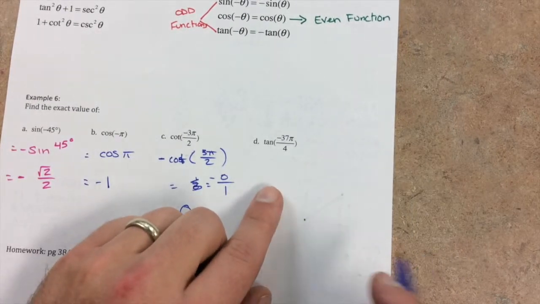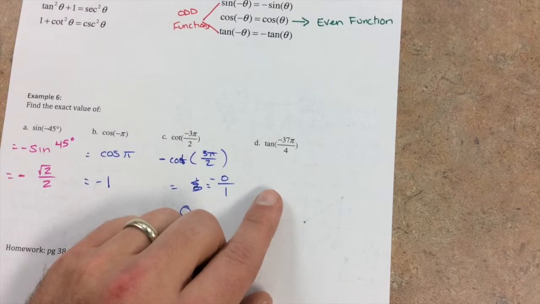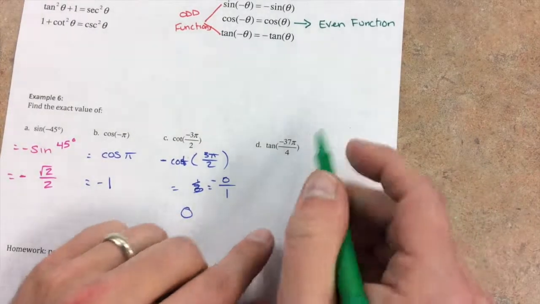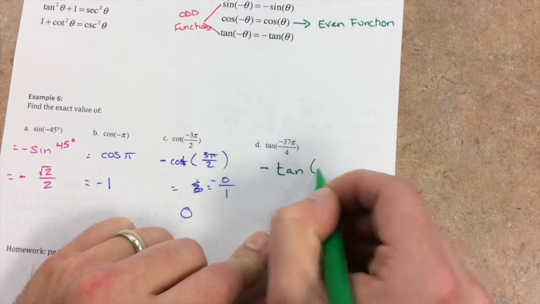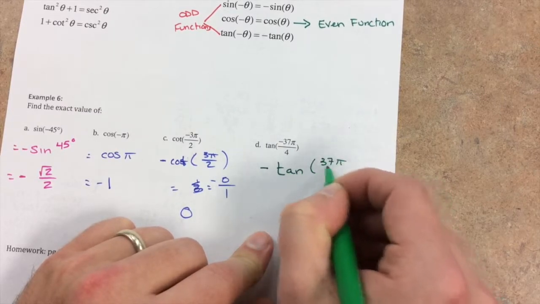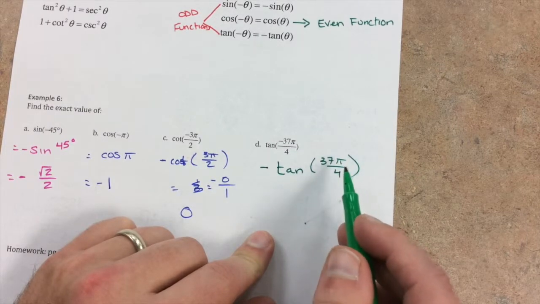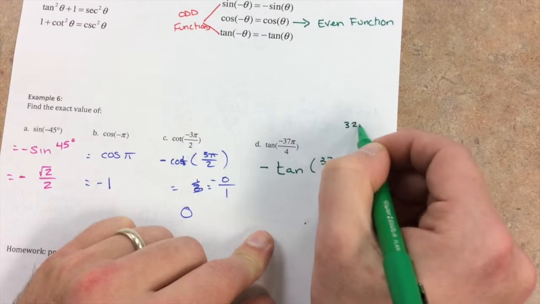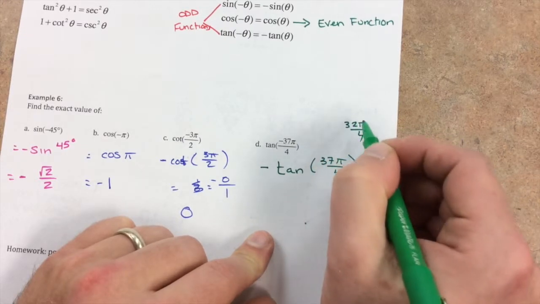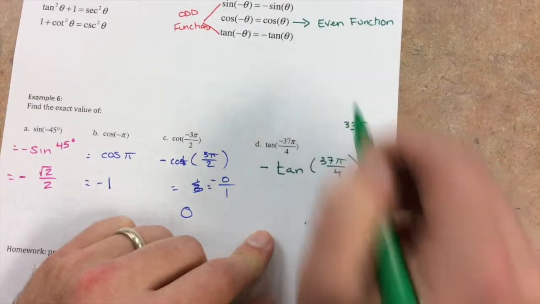Lastly, tangent of negative 37 pi over 4. Well, that's not on the unit circle, but this is the same thing as the negative tangent of 37 pi over 4. Now I'm going to look for multiples of 8, and I can subtract 32 pi over 4, because that's 8 times 4, which is 4 revolutions.